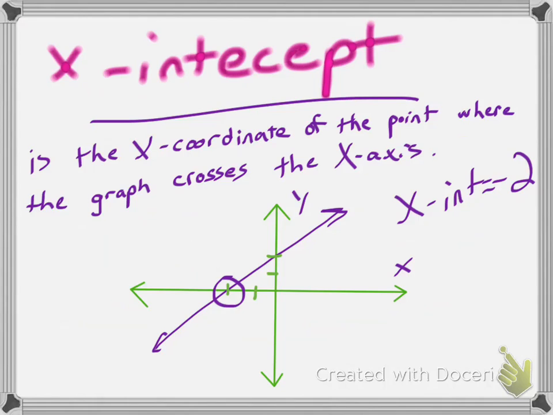When it crosses the x-axis, what's the ordered pair for that coordinate? Well, we know our x is -2, but what's our y value? It's 0. So when we have an x-intercept, the y is 0 in our equation.